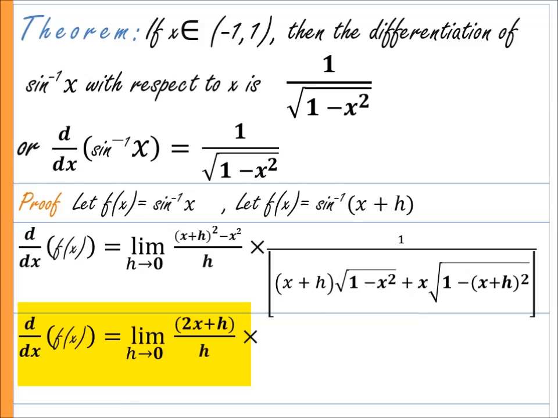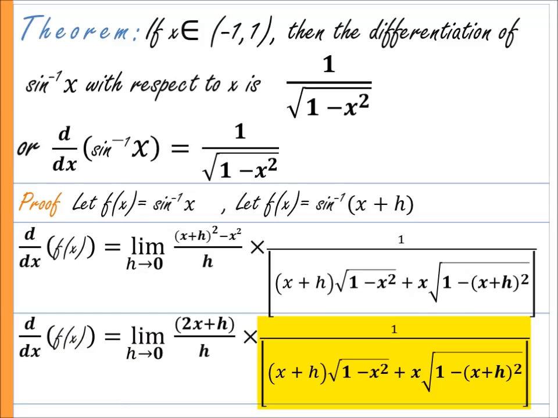And now this finally becomes limit h approaches 0, 2x plus h into 1 upon x plus h into square root of 1 minus x square plus x into square root of 1 minus x plus h whole square. And now the first expression becomes 2x, because when h approaches 0, 2x plus h equals 2x plus 0, or 2x.